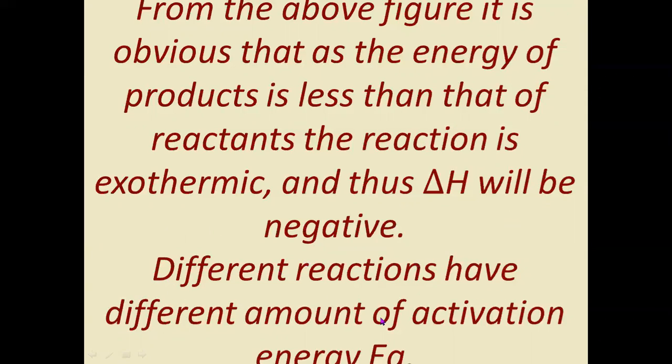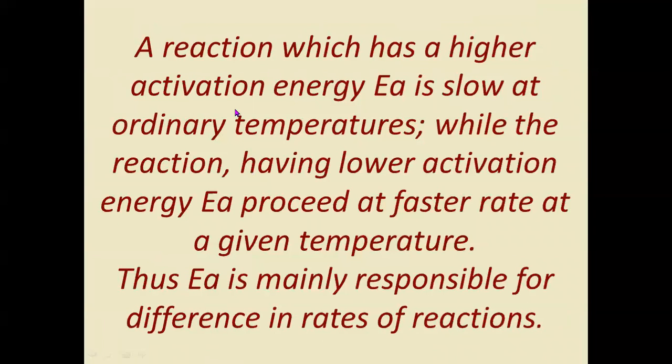Now, different reactions have different amounts of activation energy. Activation energy for all reactions will not be the same. It will be different for different reactions. A reaction which has a higher activation energy is slow.